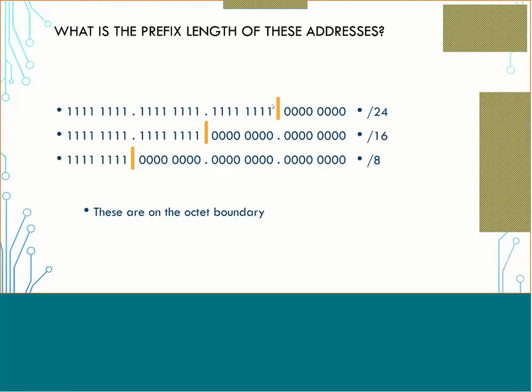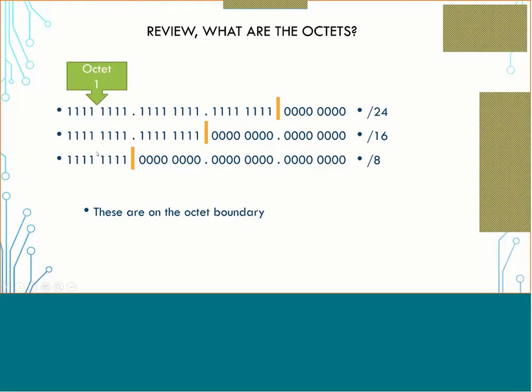All right, so let's see here. Let's review what the octets are. So what octet is this guy over here? The first one, right? This is octet number 1. And then we just go down.